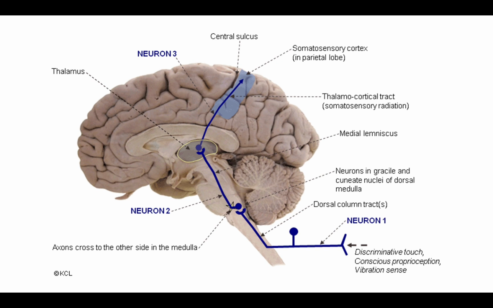If you look at a sagittal section of the brain, this is how it's going to look. So that's the cerebral cortex made up of the frontal lobe, parietal lobe, occipital lobe, and then you also have the temporal lobe, which is showing at that point.